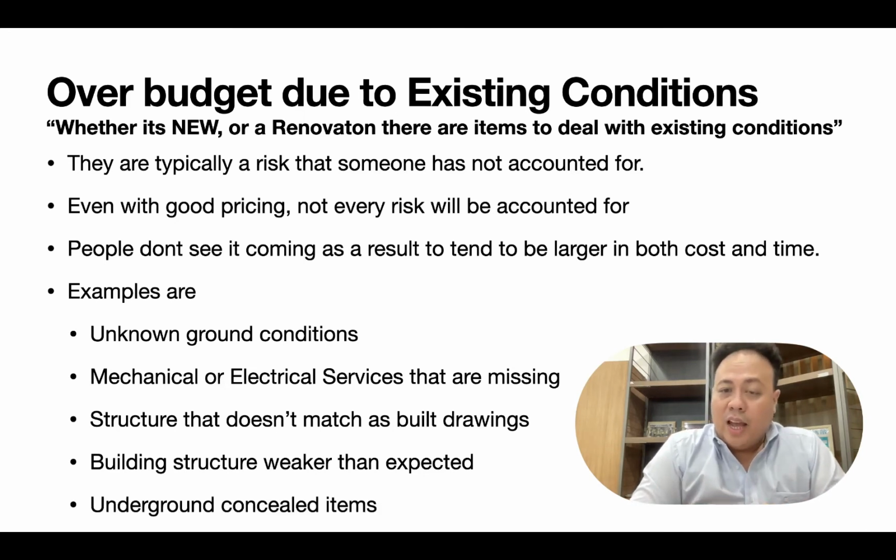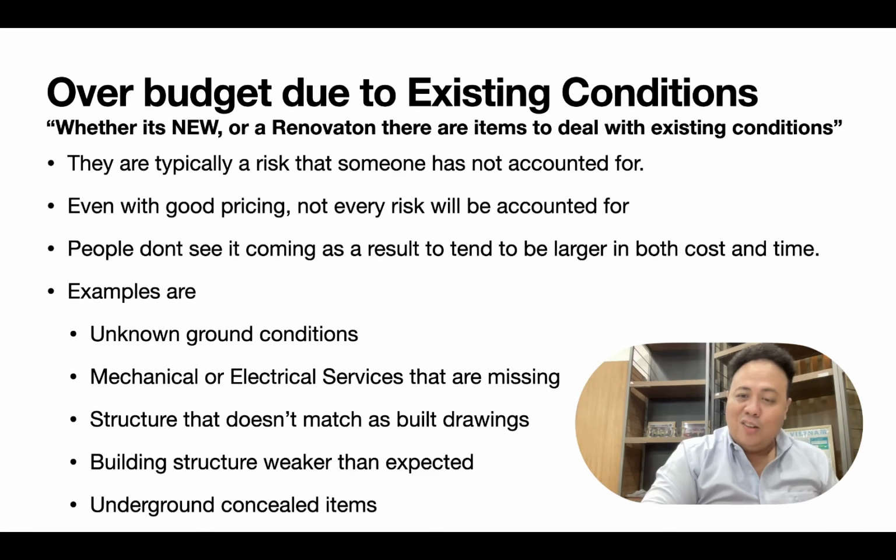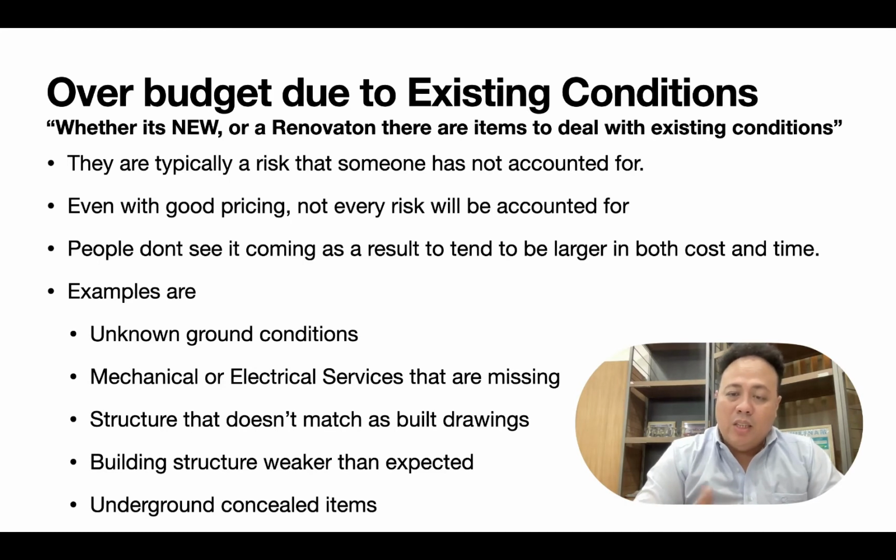Underground concealed items. There may be some concealed items underground that you cannot see, or that are really missing. This is also part of the works that will cost additional pricing or budgeting for the project.